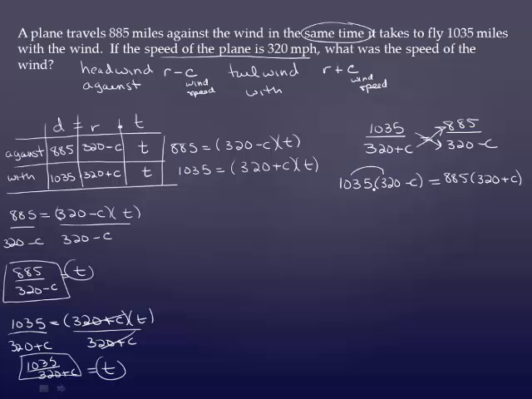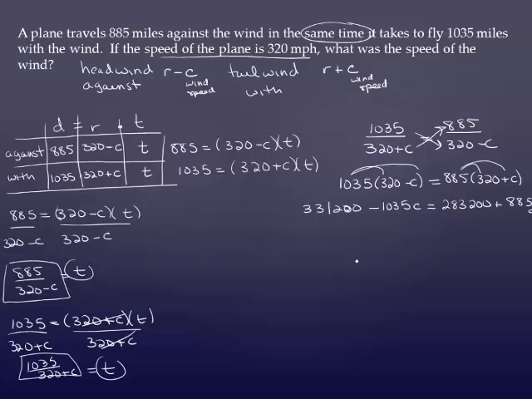So 1035 times 320 is going to give me 331,200 minus 1035C is equal to, and then I'll do 320 times 885 because I distribute there as well, 283,200 plus 885C. There's a C there.